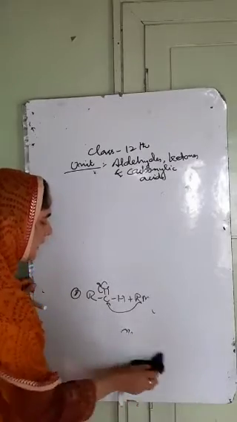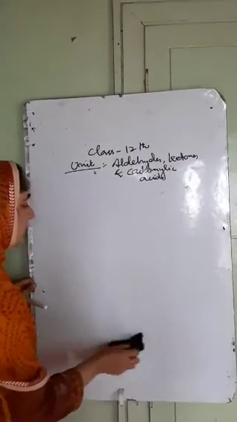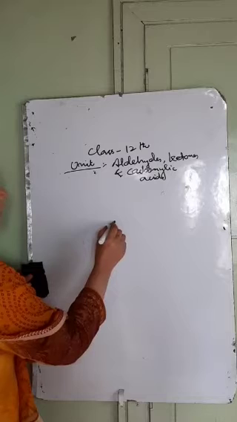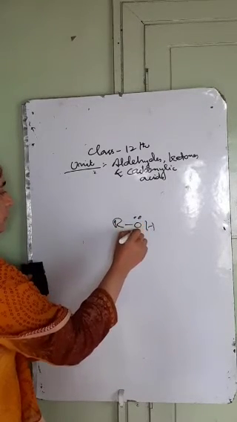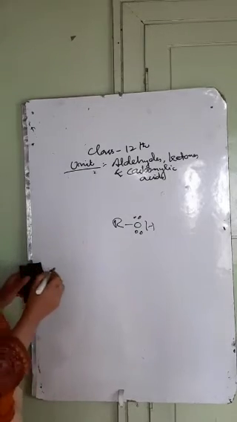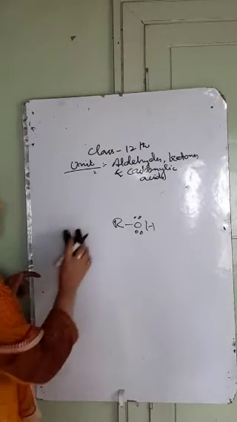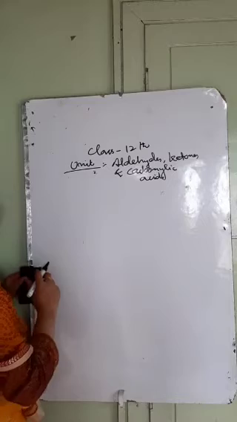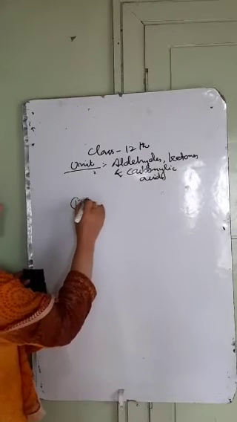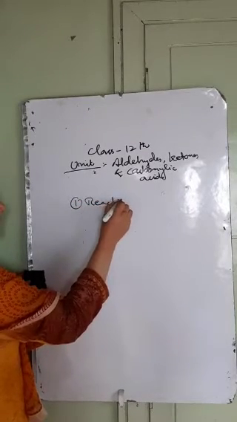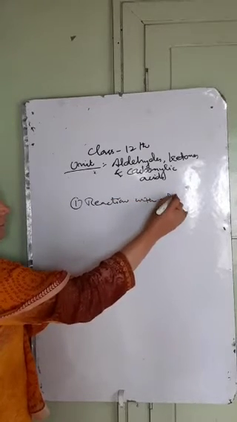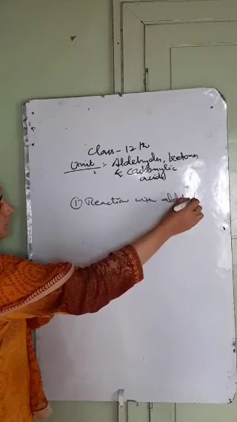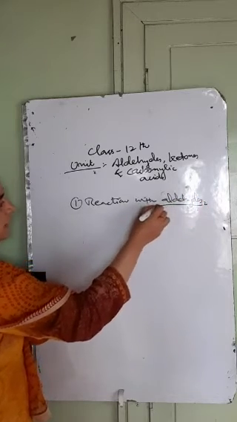Alcohols भी act करते हैं as a nucleophile because they contain the OH group. इनमें ऑक्सीजन पे क्या होता है, lone pair of electrons, so they will act as a nucleophile. अगर रिएक्ट कराएंगे, नंबर फर्स्ट जो है reaction with aldehydes.